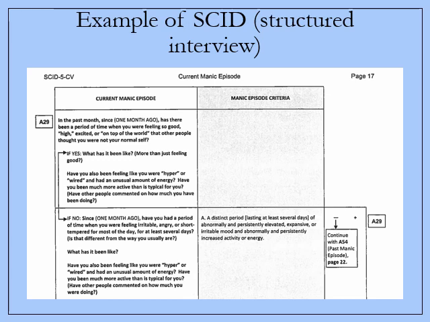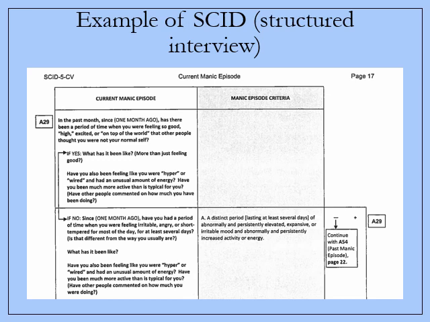So if they have been experiencing a period of unusual excitement in the past month, then you ask what it's been like. So you have this additional query: is it more than just feeling good? And then it has a recommendation for other things you could ask.